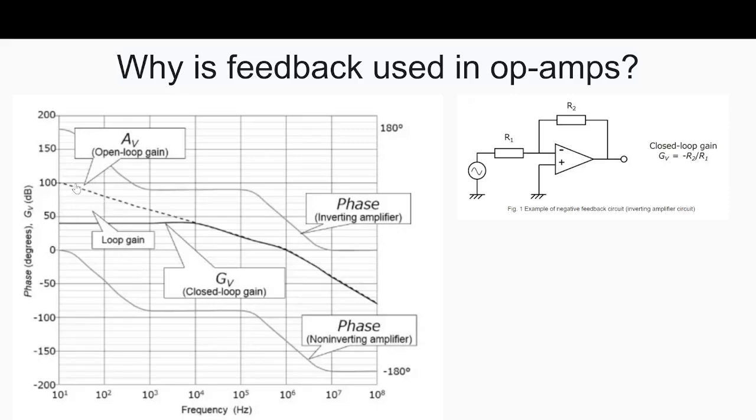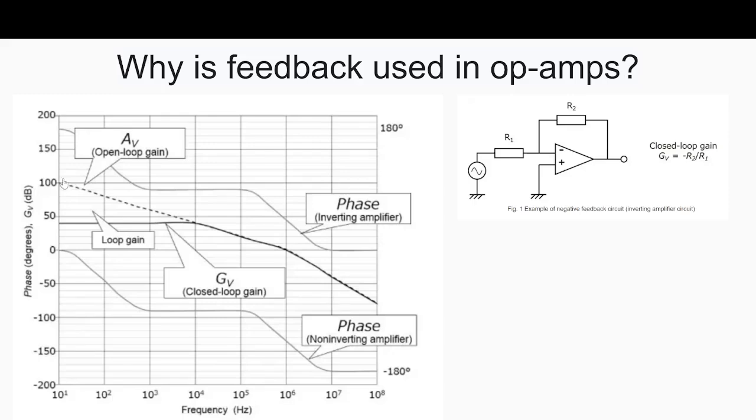So this is an open loop gain. Before going to the graph, understand this: we are talking about frequency here. This is the frequency axis, and this is the phase in degrees and the gain in dB on this side. If there is open loop gain, this line will keep on going and be very high.